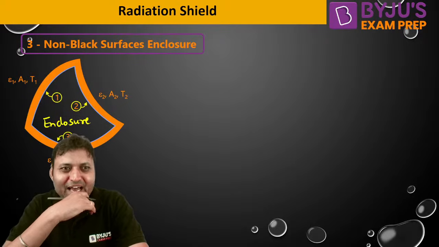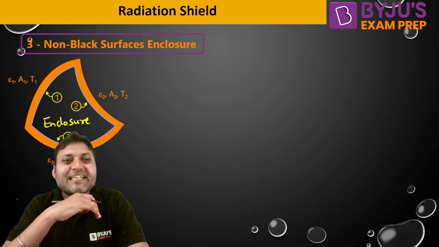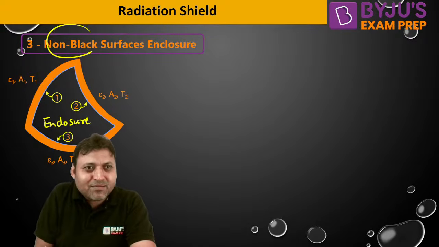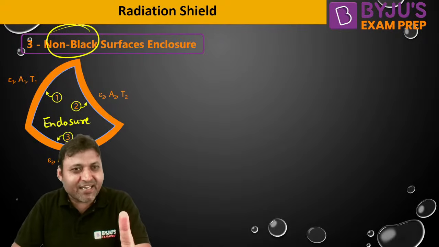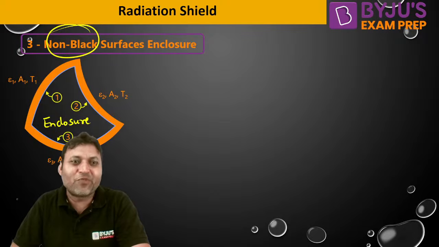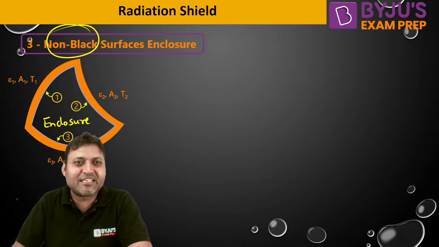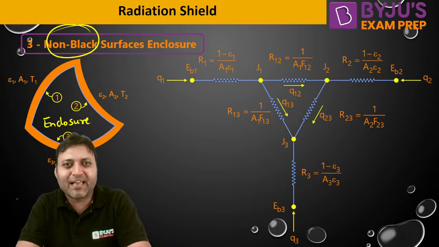Yes, Sairam, very nice. There will be three surface resistances because all are non-black, and there will be three space resistances. One space resistance between 1 and 2, another between 1 and 3, and the third space resistance between 2 and 3. So the circuit diagram will look like this.